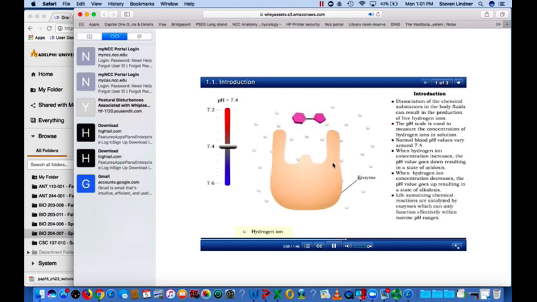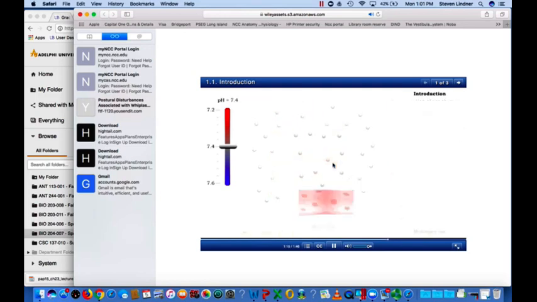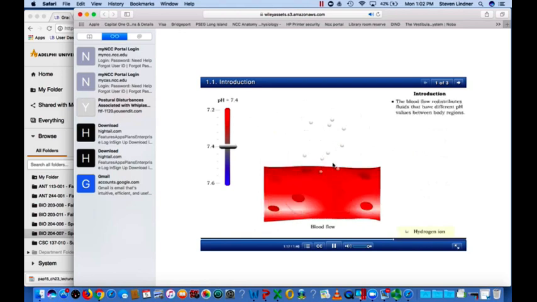Life-sustaining chemical reactions are catalyzed by enzymes which can only function effectively within narrow pH ranges. Since blood flow redistributes fluids with different pH in the various body compartments, blood pH regulation is essential to the maintenance of homeostasis.